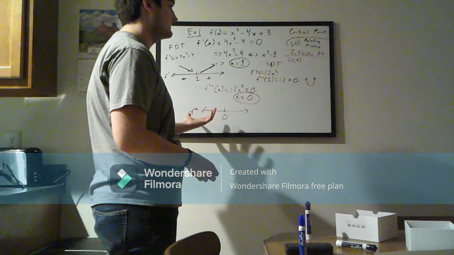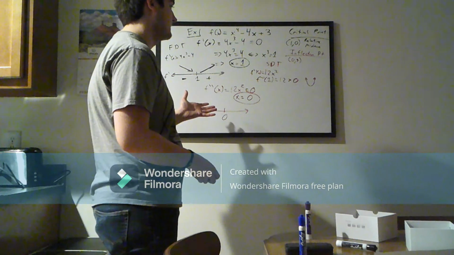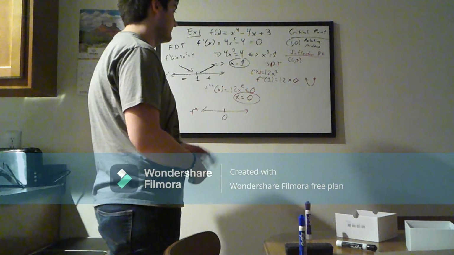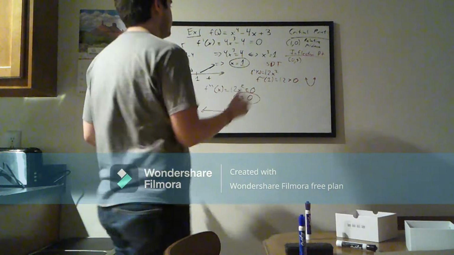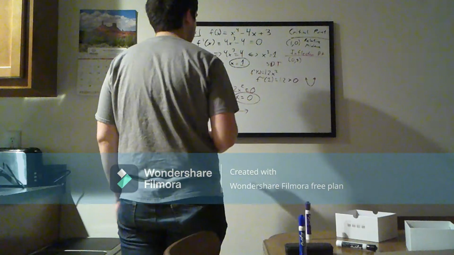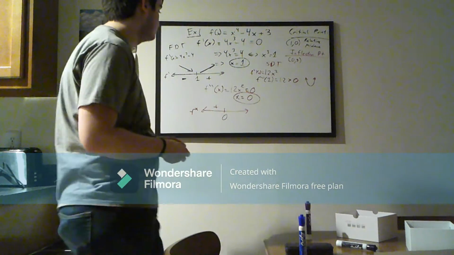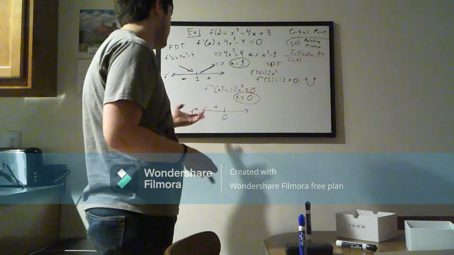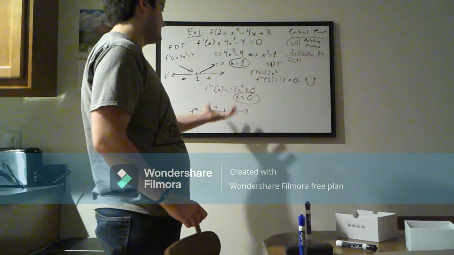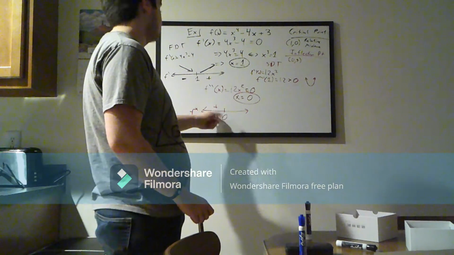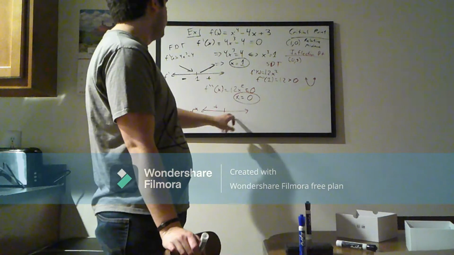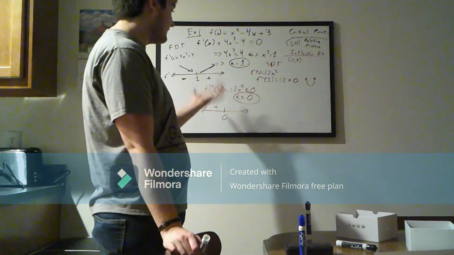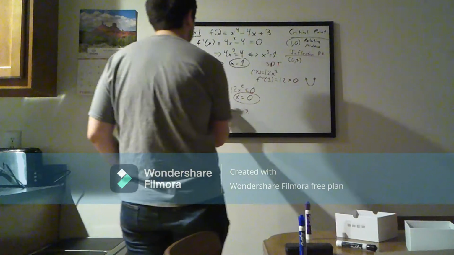If I test the number to the left of 0, for example negative 1, it's going to end up being positive, right? Good. Okay? And let's test the number to the right of 0. Clearly negative 1 squared is 1, so we get 12 times 1, which is positive. And then if we do 1, we get 12, which is also positive.